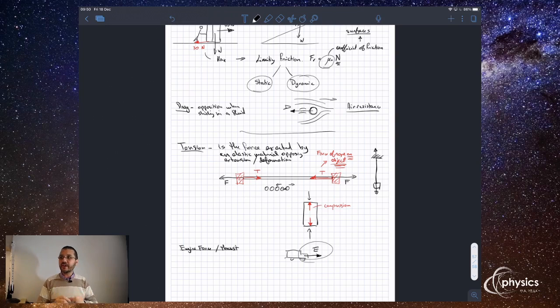And finally, if you have an engine on the object, you have the engine thrust or engine force, pointing directly forward.